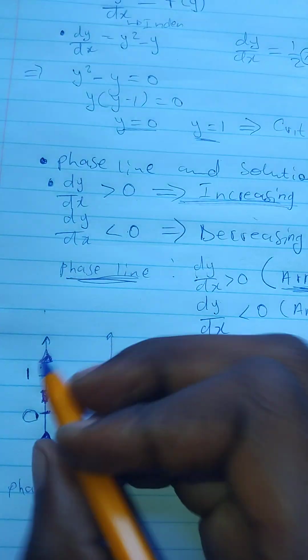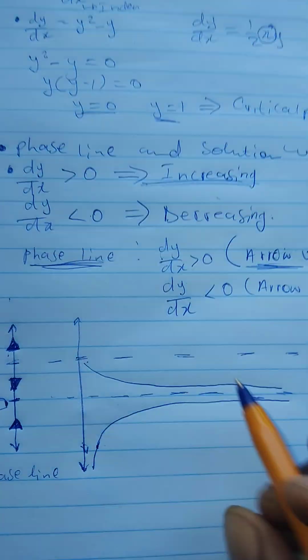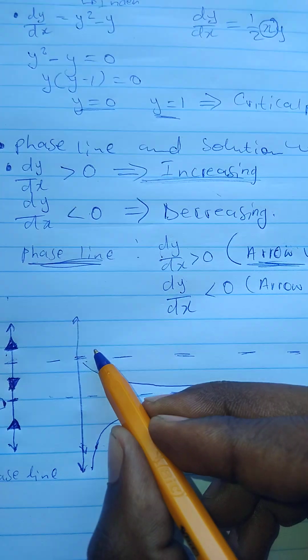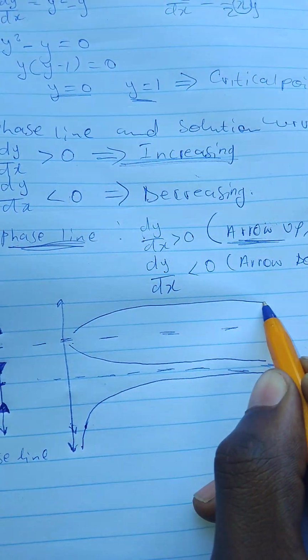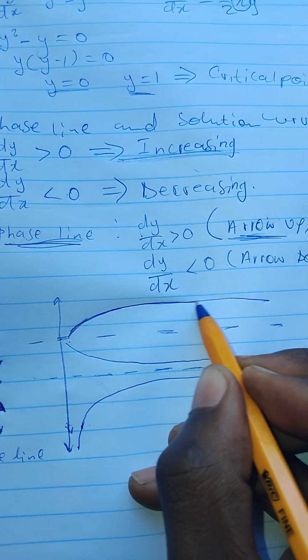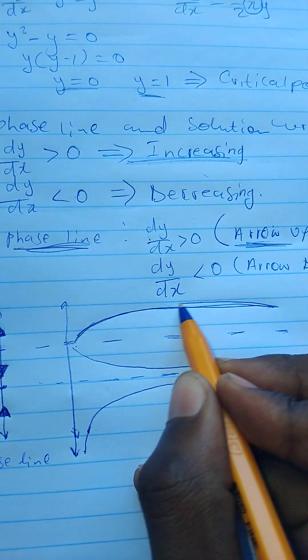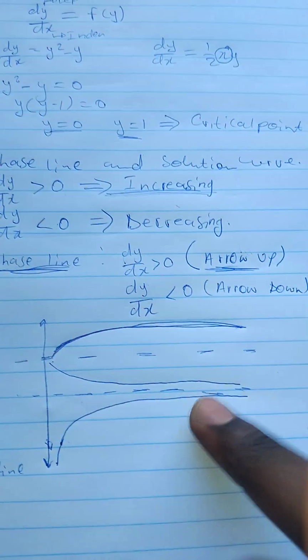Then for anything greater than 1, we see that it's an arrow facing up, then that means we want another increasing function again. So I can just draw it like that. Yeah, just like that. It's not a straight line, it's a curve. Just like that. Okay, so this is the solution curve.